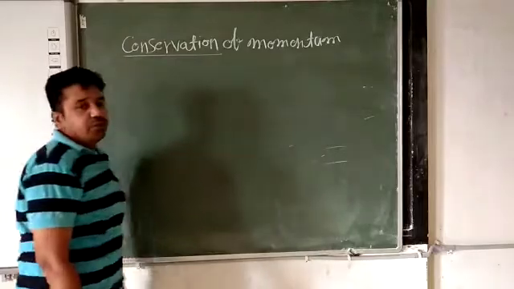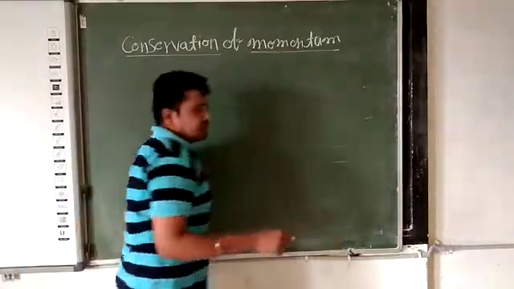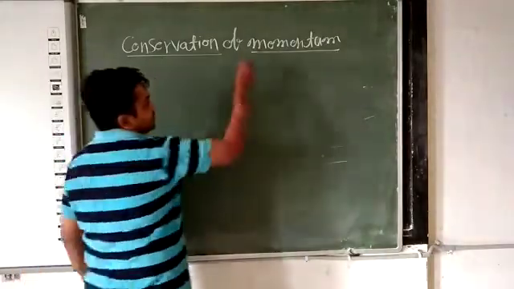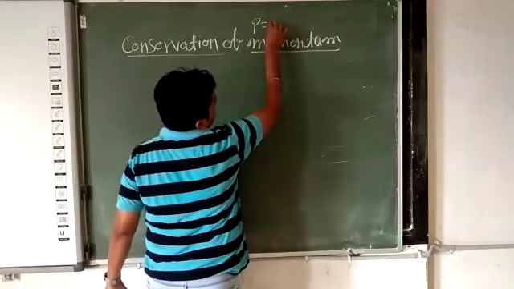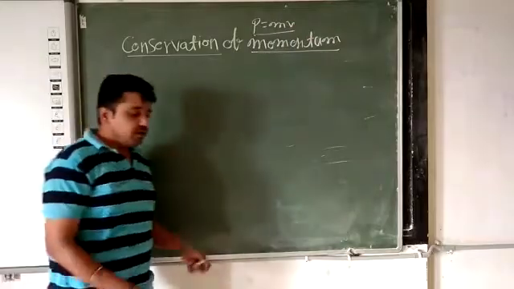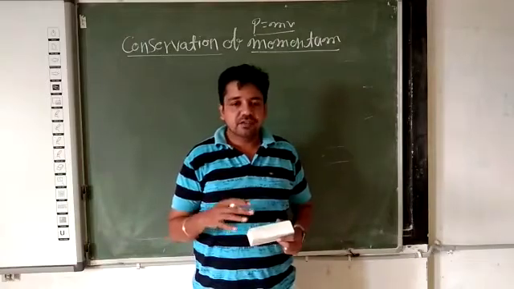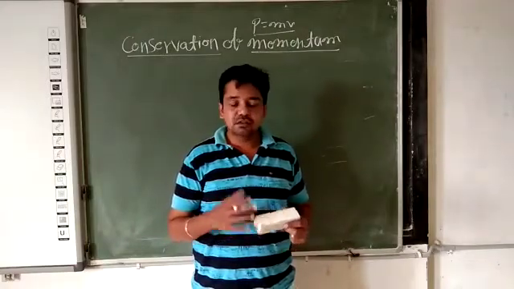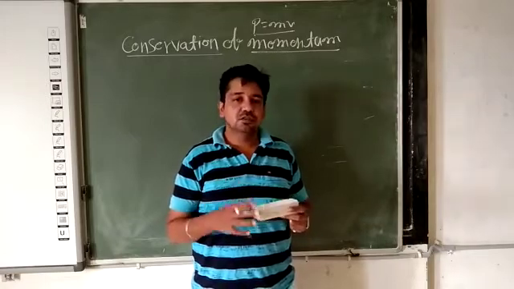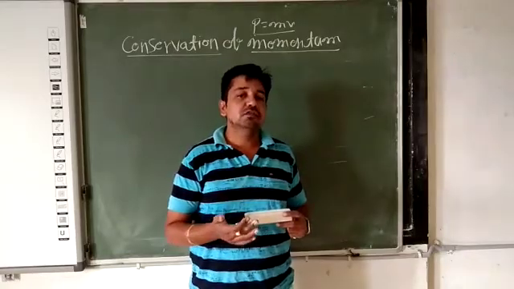Conservation means the value of momentum does not change, and momentum, as discussed before in this lecture, is the product of mass and velocity. So we come back to our point: what is the law of conservation of momentum? According to this law, if the external force in a system is absent, then the total momentum before collision and after collision is unchanged.